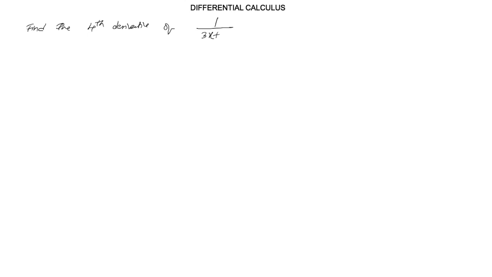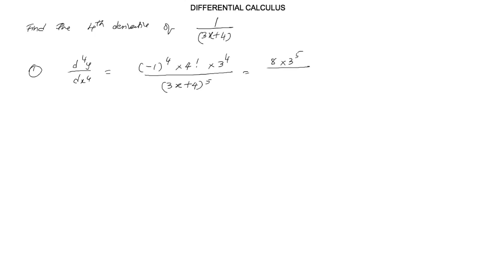To find the fourth derivative of 1 by 3x plus 4, d power 4 y by dx power 4 is minus 1 to the power of 4 multiplied by 4 factorial multiplied by 3 power 4 divided by 3x plus 4 to the power of 5, or this is 8 multiplied by 3 power 5 divided by 3x plus 4 to the power of 5.